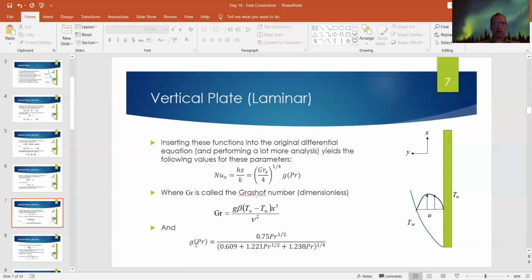As I said, this function g is a function of only the Prandtl number: 0.75 times Prandtl number to the 1/2 power, over (0.609 plus 1.221 times Prandtl number to the 1/2, plus 1.238 times Prandtl number), whole thing to the 1/4 power. So that's just some number based on the Prandtl number. This g is just some function, not related to the g that is gravity.